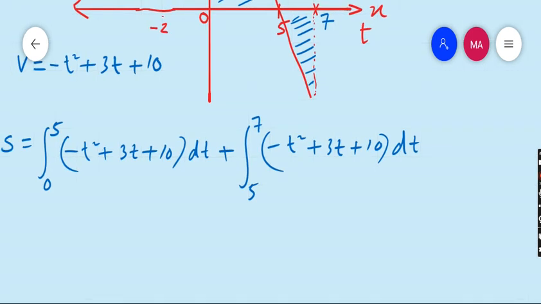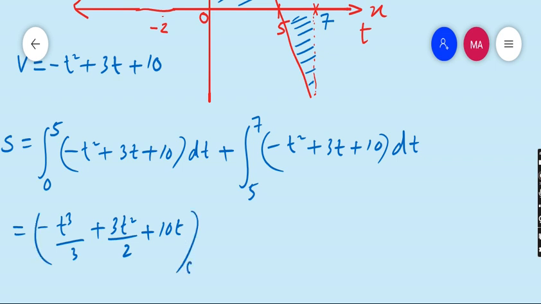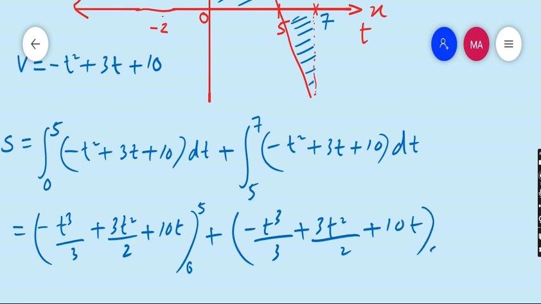Now calculate this, very easy. Minus t square integrates to minus t cube upon 3, plus 3t square upon 2, plus 10t, with limit 0 to 5, plus minus t cube upon 3 plus 3t square upon 2 plus 10t, with limit from 5 to 7.